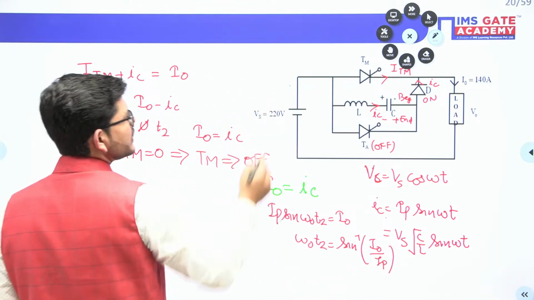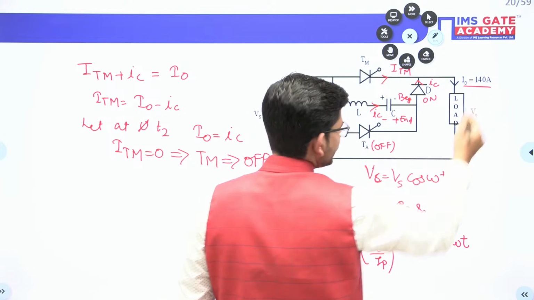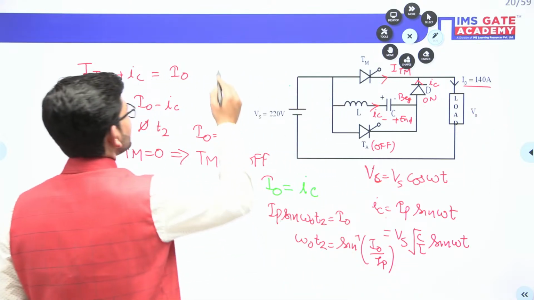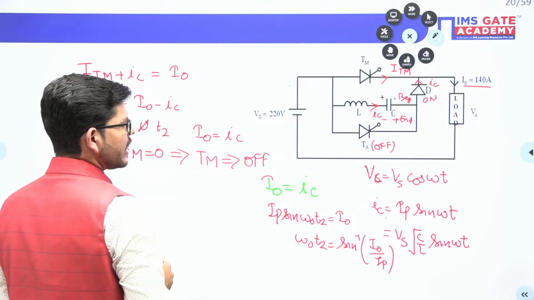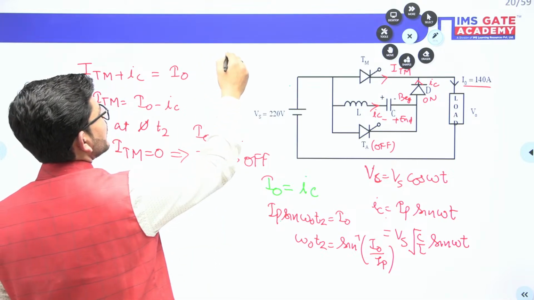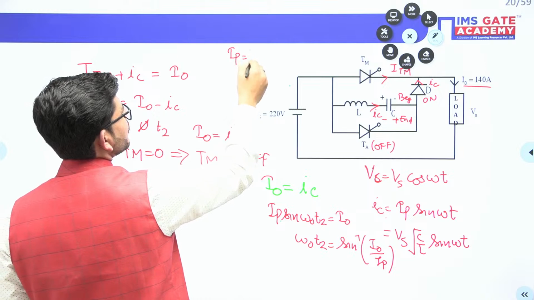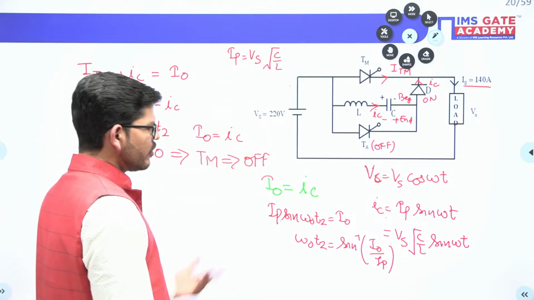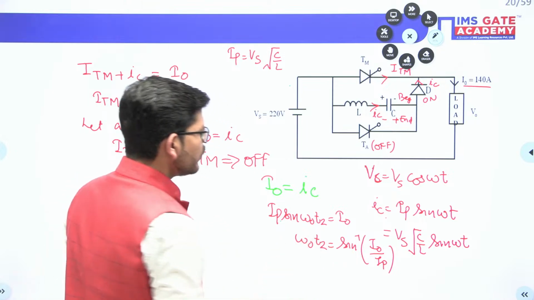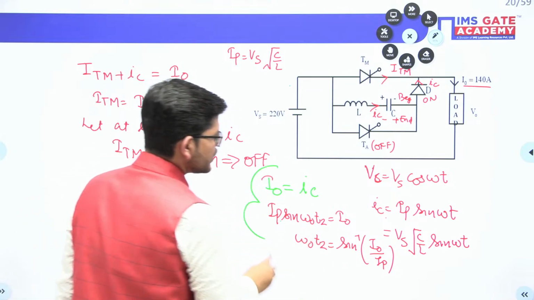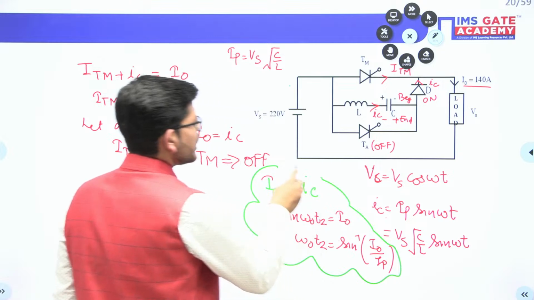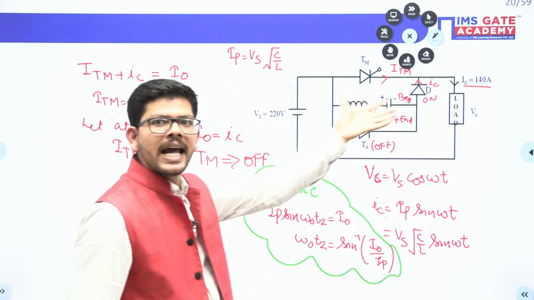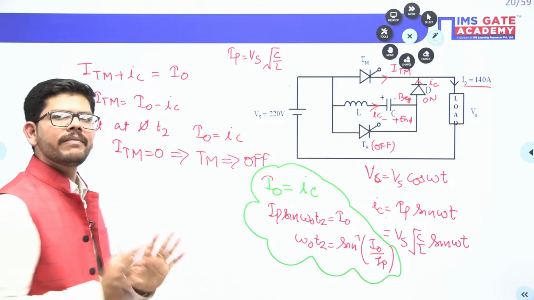Now I naught is given to you. What is I naught? I naught is 140, isn't it? And when you calculate the current IP, you can calculate it by using the formula Vs under root C by L. So omega naught T2 we have obtained. This is the omega naught T2 instant where the capacitor is applying a negative voltage across the thyristor and it is turning off, that we have determined.